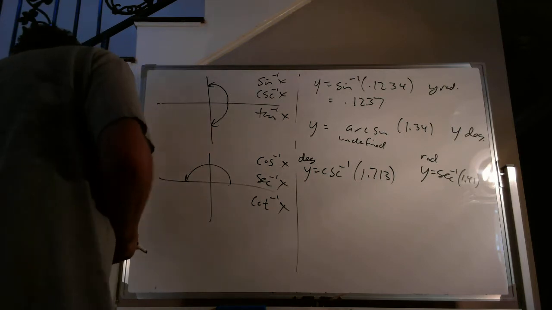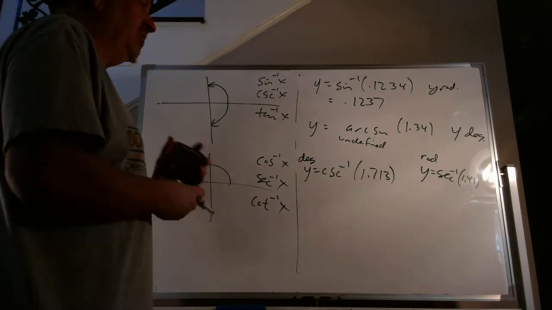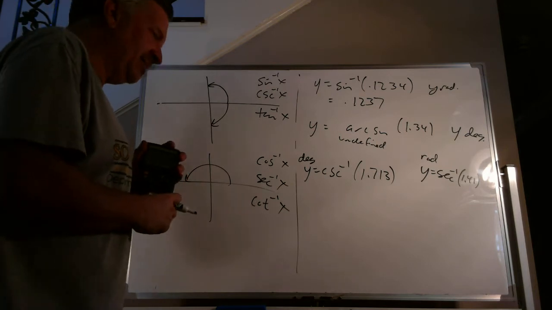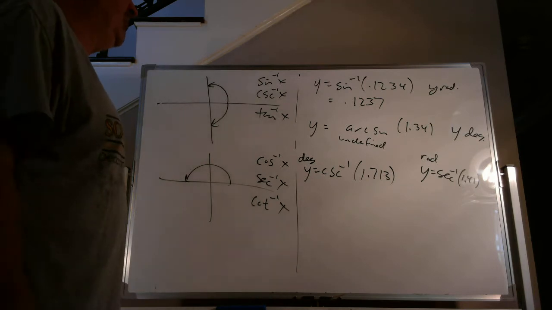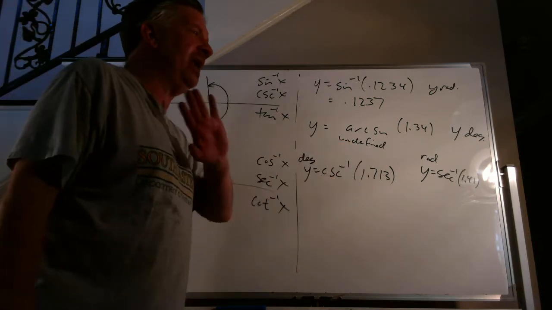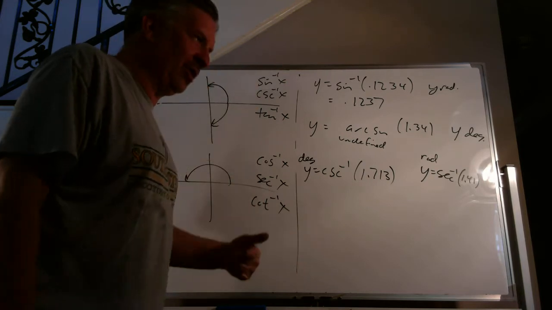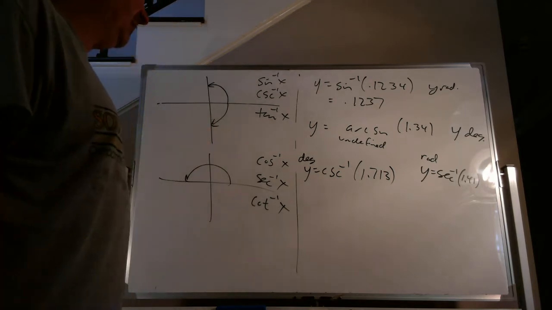Okay, the next one says cosecant inverse of 1.713. Now, if you look very closely on the calculator, you're not going to see a cosecant button or a cosecant inverse button. So what do we want to do? We want to change this to a sine problem, which is the reciprocal. Remember, cosecant inverse does not mean sine. 1 over cosecant is sine, okay? This means inverse function or composition. It's not the same thing.